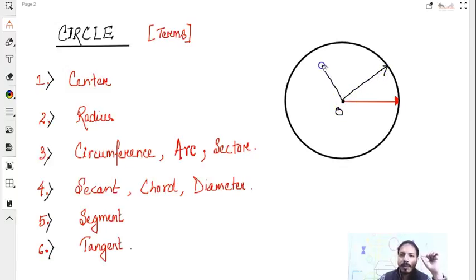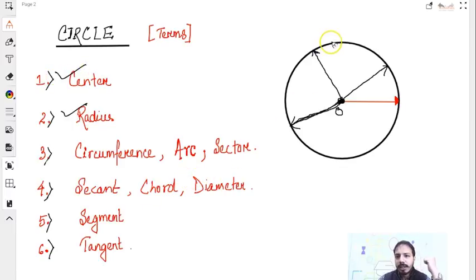That means the distance from this circle to this point, which is known as center, is known as radius. These are the radii, and these are all equal. So you draw any straight line from the center to this circle, you will get the radius which is of the same length, okay? So this is center, radius.